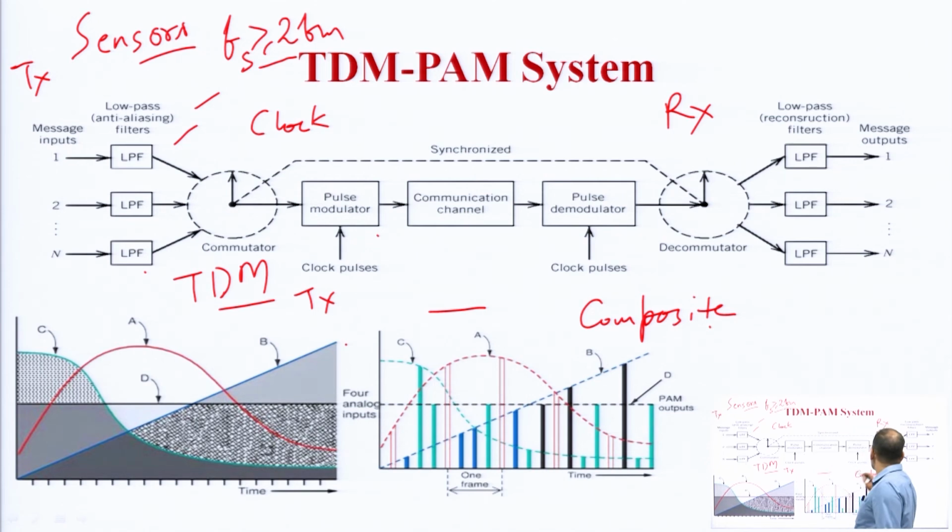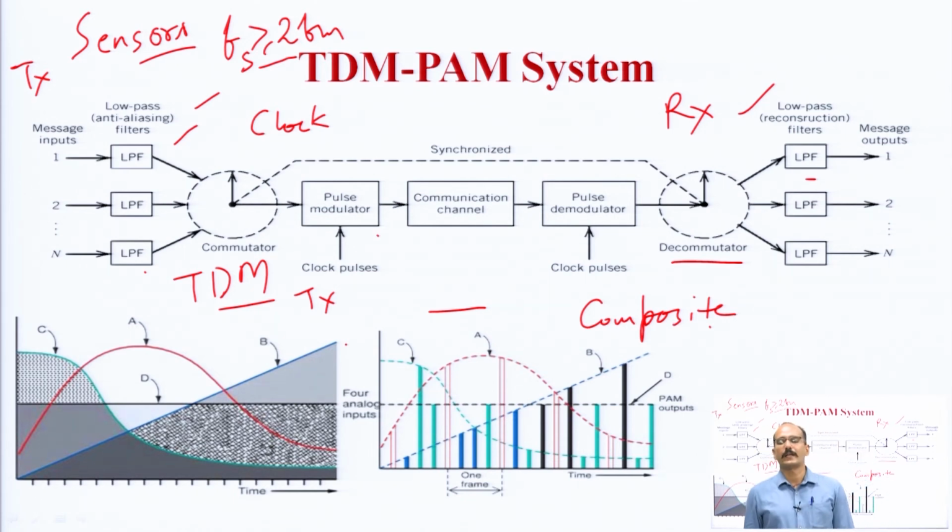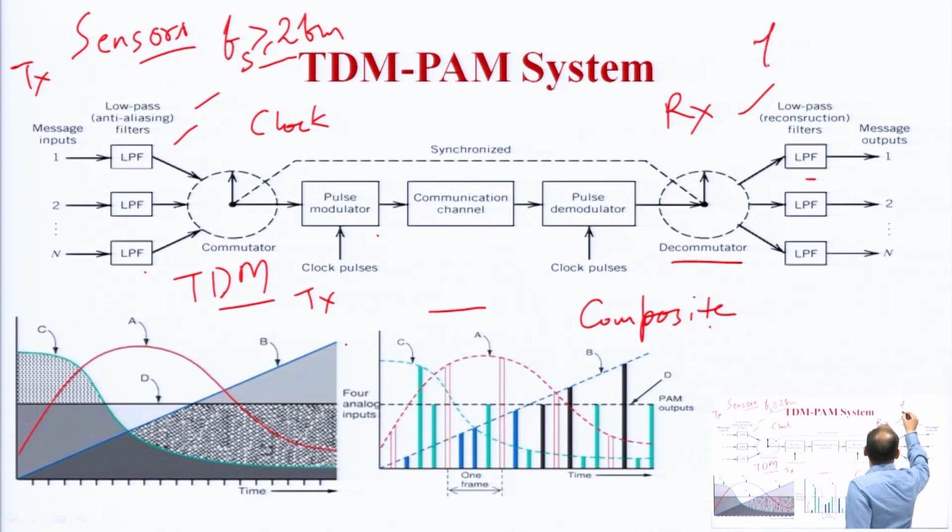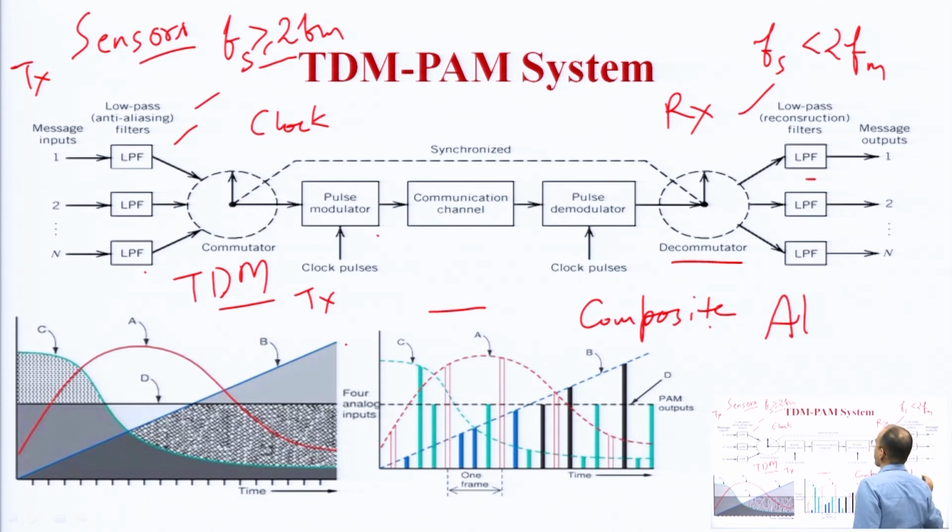Using this decommutator switch we will get the various inputs, and these are applied to the low pass filters. These low pass filters are the reconstruction filters, and they follow the same sampling condition, that is Fs is greater than or equal to twice of Fm, because if Fs is less than twice of Fm, the aliasing problem will occur.